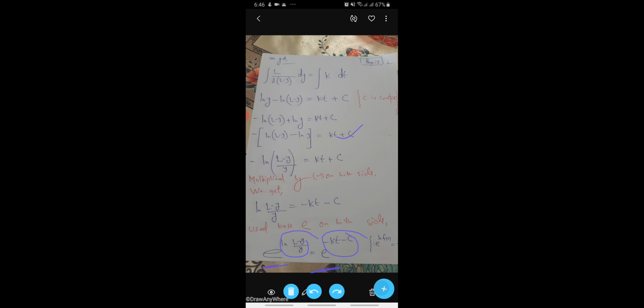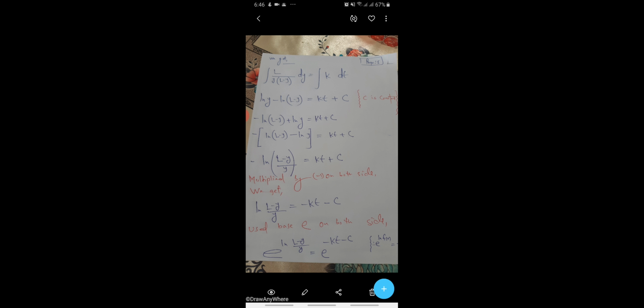So as you see, this is e and this is log. So e with log in the exponent, and this is your function. So I think that this will be cancelled. So when it is cancelled, you have L minus y divided by y, and here the same thing, copy and paste.